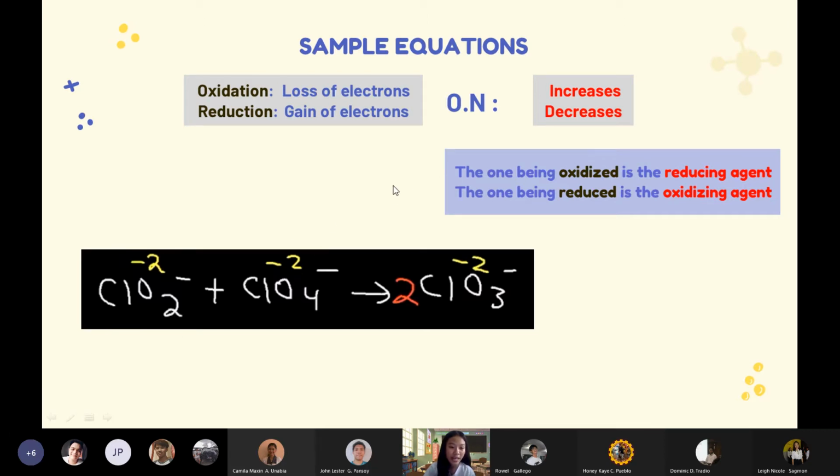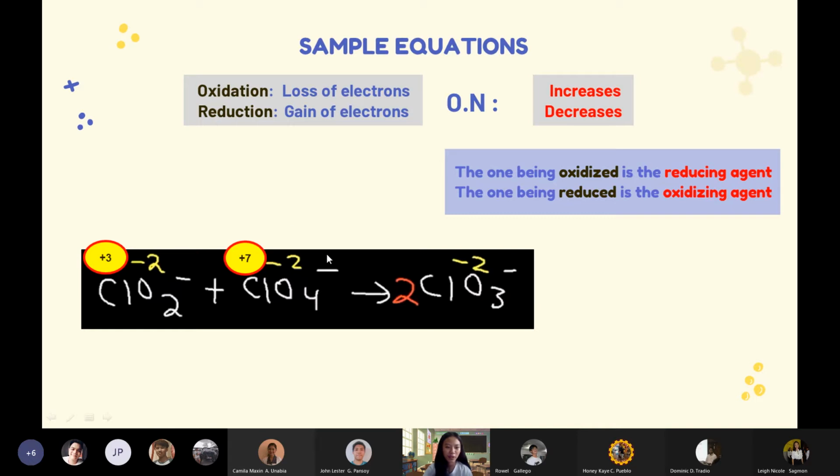What should the chlorine be so that the total is -1? +3. +3 minus 4 is equal to -1. Correct.